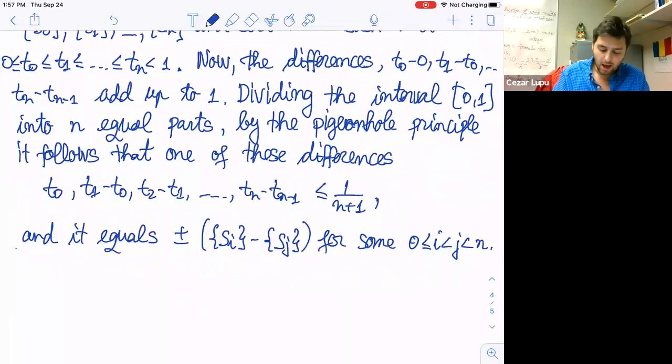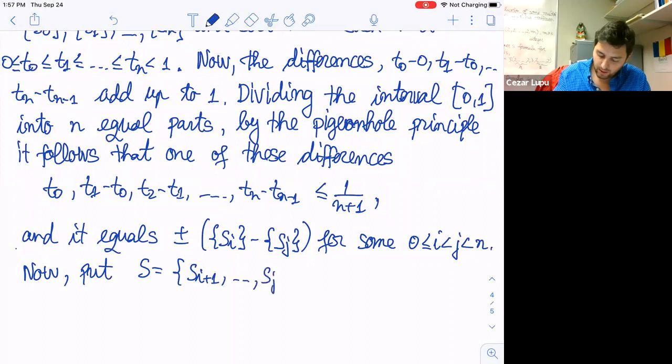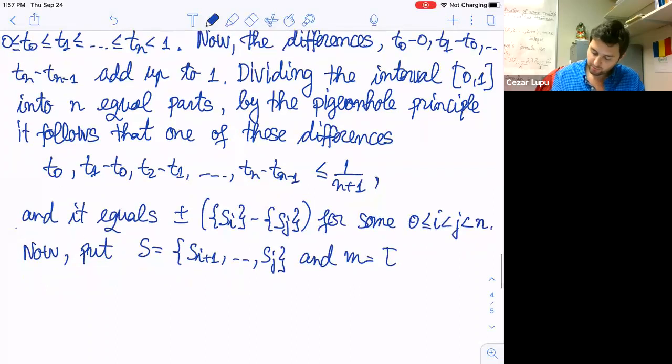Okay? And now we will construct the set. Now put S to be the set of these. Let's take s_(i+1) all the way to s_j. And M, we'll take the difference of their integer parts, so the integer part of s_i minus the integer part of s_j.